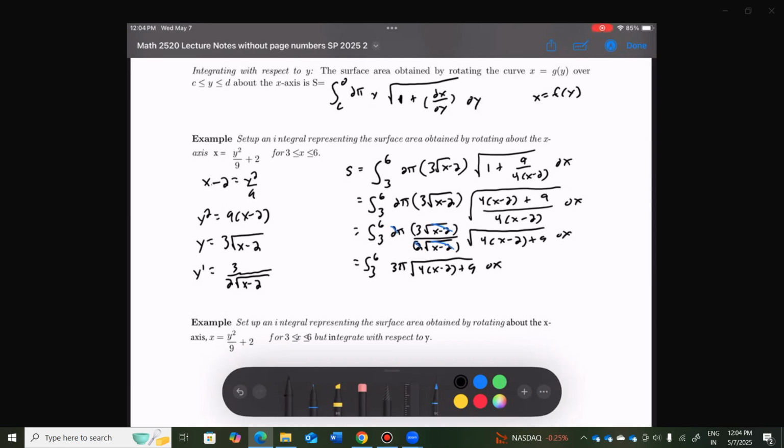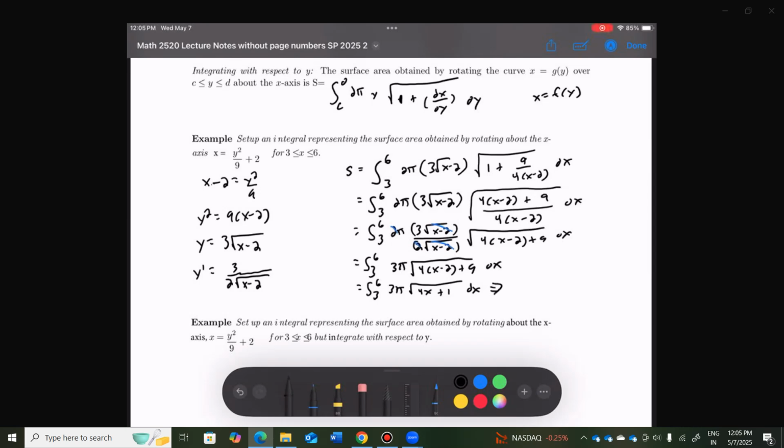Okay, so now I'm going to distribute inside here. So I'll have 4x, and then minus 8 plus 9 will be 1, so plus 1. This is something I can take the integral of.